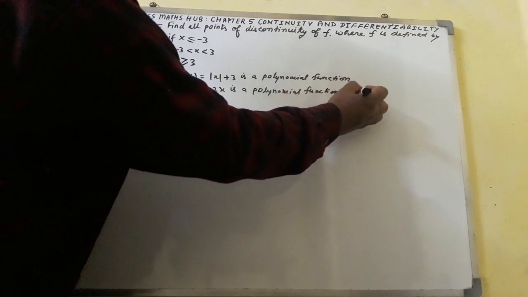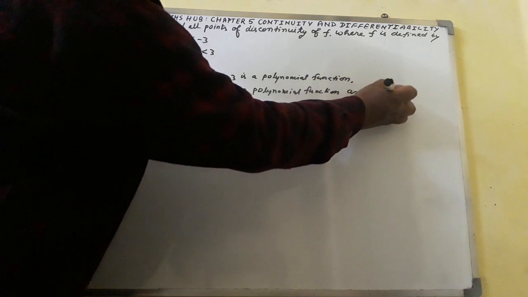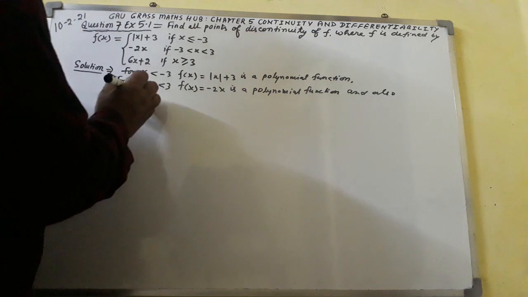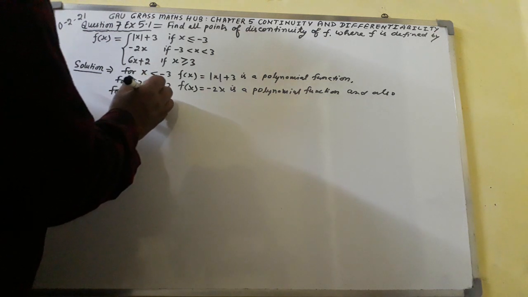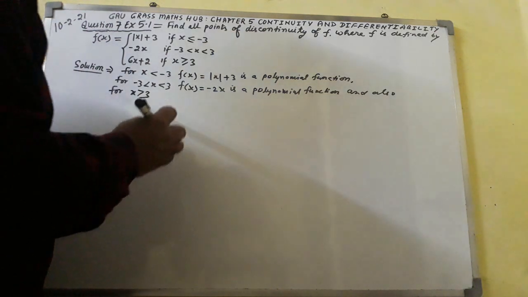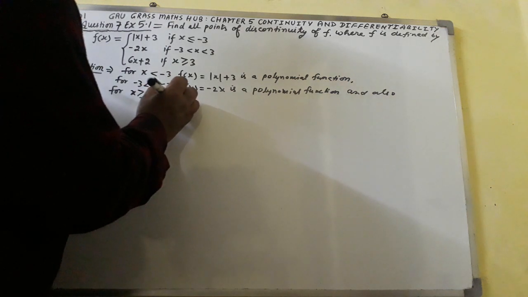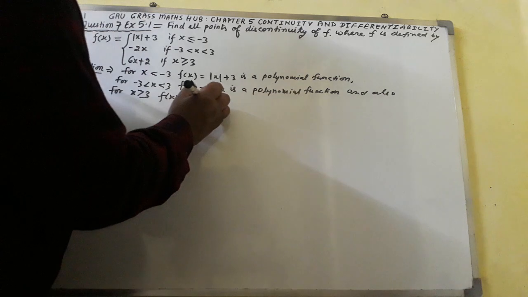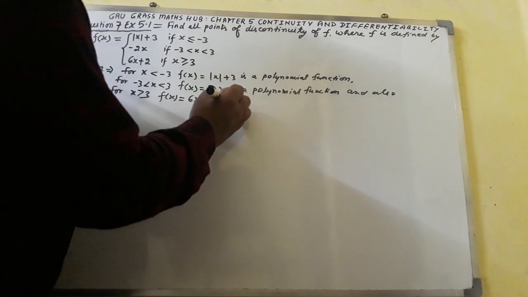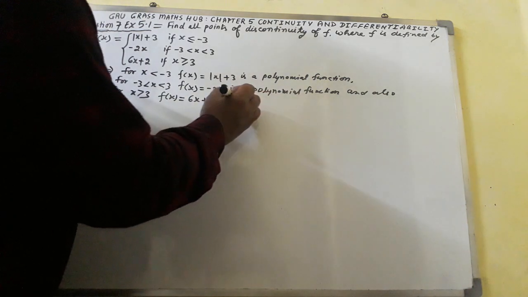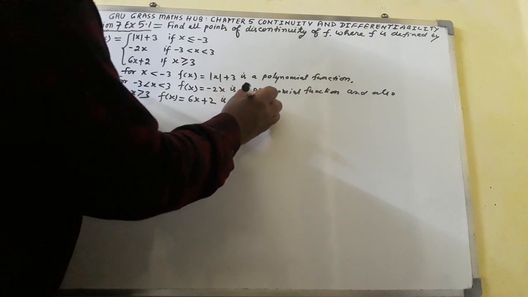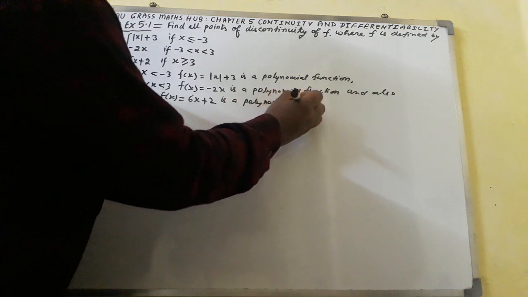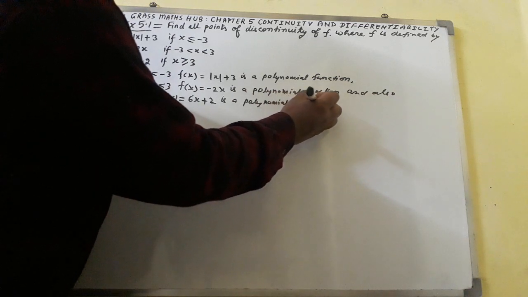And also for x greater than 3, f of x is equal to 6x plus 2, which is a polynomial function.